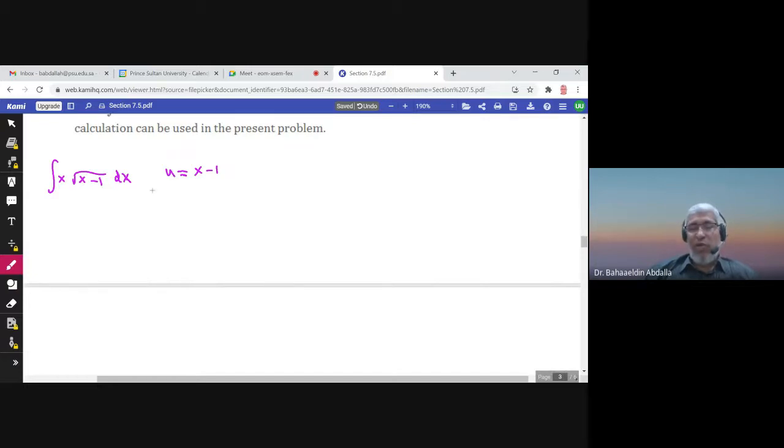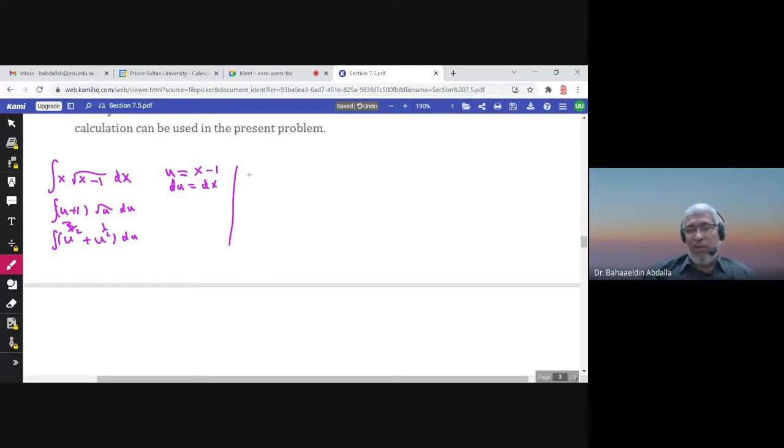Although if you use u equals x minus 1 and find du would be dx, and change this integral from x to u, x would be u plus 1, square root of x minus 1 would be square root of u, and dx would be du. You can solve this question easily now because u times square root of u is u to the power 3 over 2, and 1 times square root of u is u to the power half. So substitution helped you to solve the problem, although it wasn't obvious.